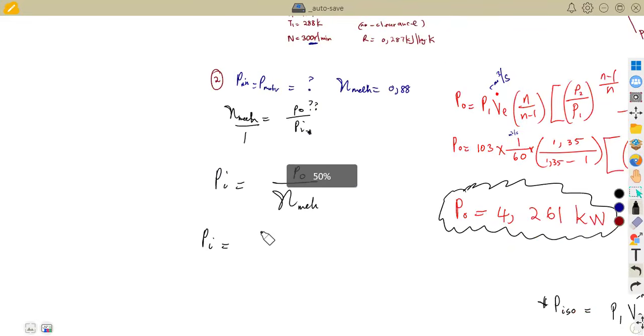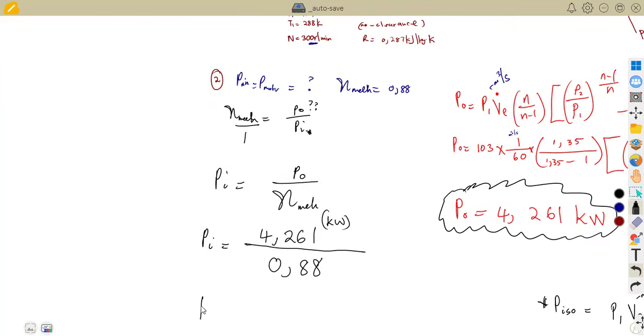We got 4.261, already in kilowatt, so the input power is also in kilowatt. The mechanical efficiency is 0.88. Thus the input power is something like 4.842 kilowatts.